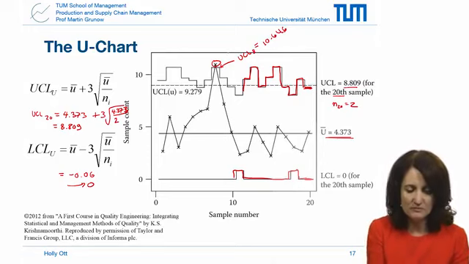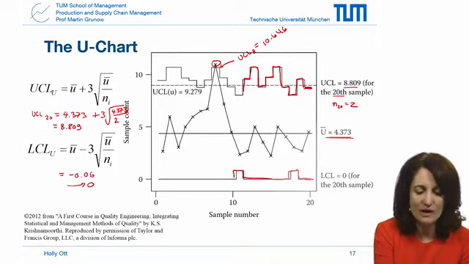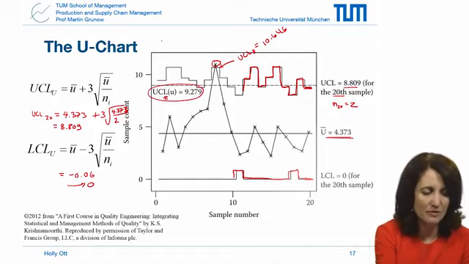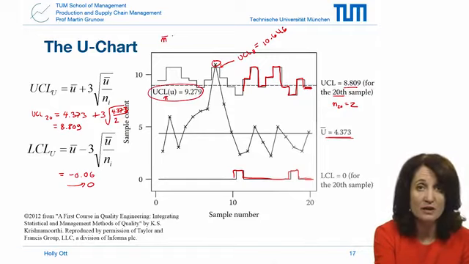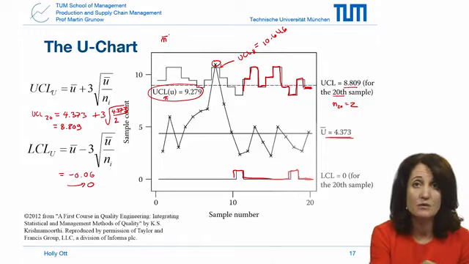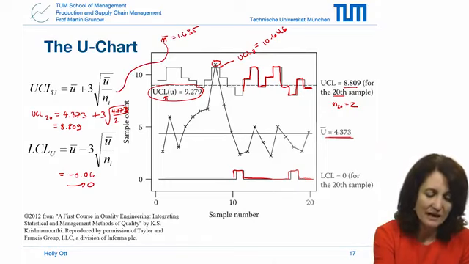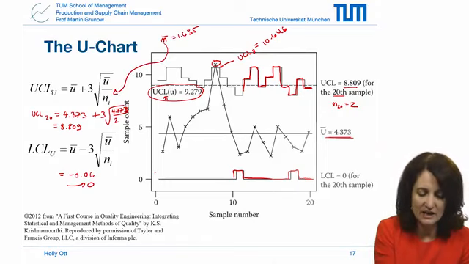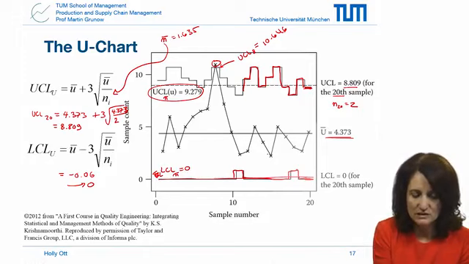We don't need to go through this again. Another way of doing this is to calculate for the average N bar. Remember the average N bar here was equal to 1.635. Well, if you plug that into your control limits, you'd end up with the LCL equal to 0 and the UCL equal to 0.9279.